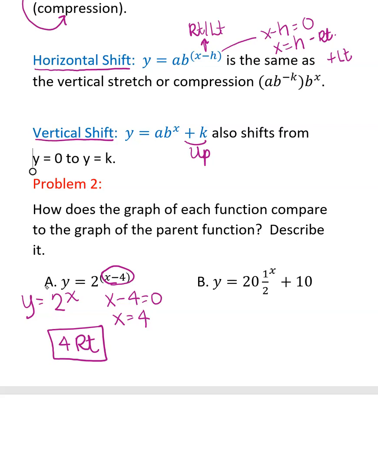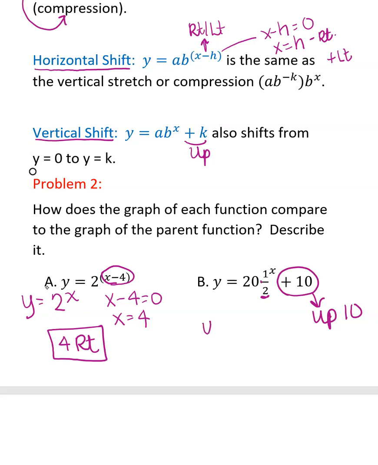The second one, we are multiplying this whole function times 20. Notice also that it's a fraction to the x power. This right here moves it up 10. If it was minus, it would go down 10.